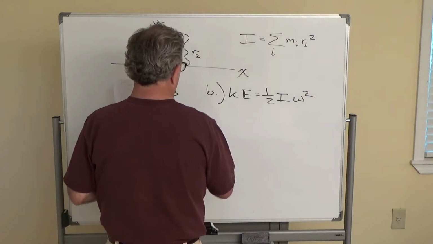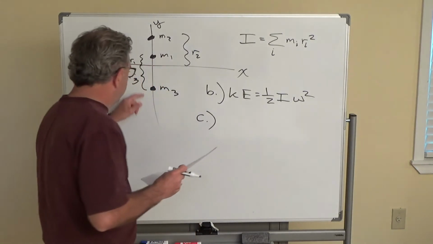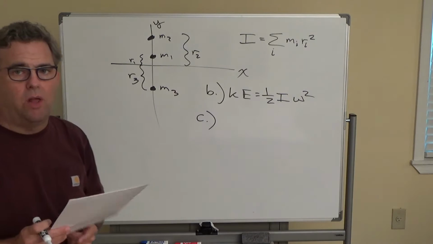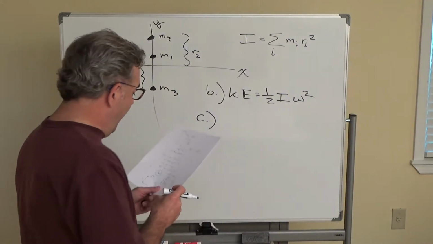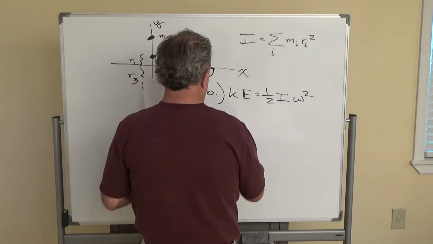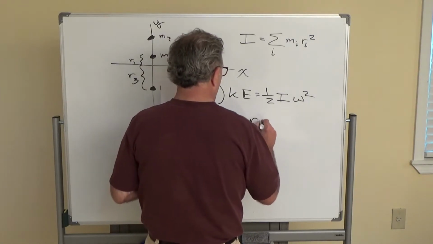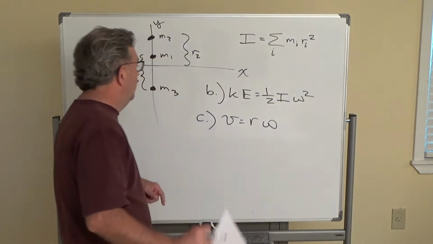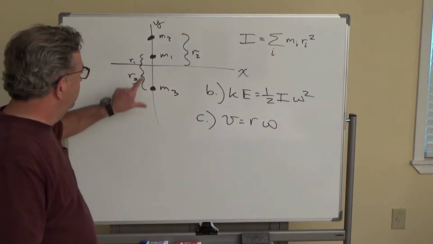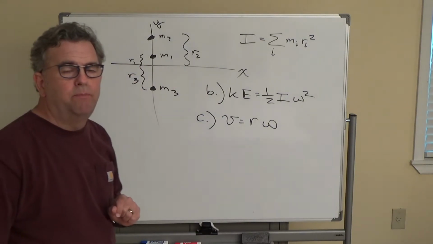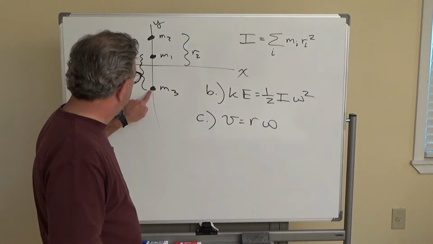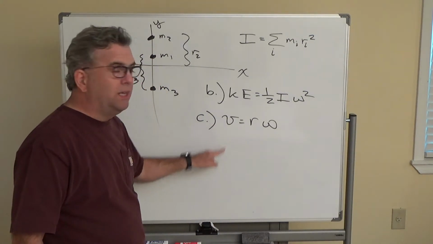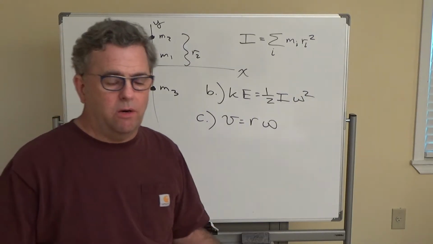Then they ask for the velocity of each one of the point masses. You can do that with v equals r omega. If you know the angular velocity and how far from the axis of rotation the point mass is, that's the tangential velocity. It's just r times omega.